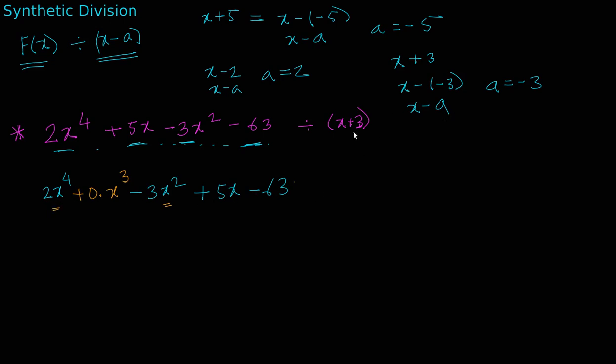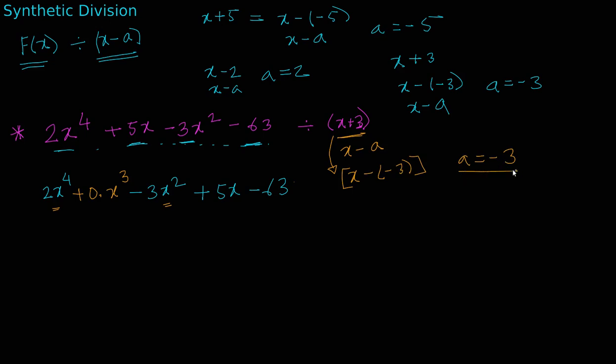So I am done with the dividend. Now let's concentrate on x plus 3. I need to express x plus 3 in x minus a type. Remember that. How am I going to write x plus 3? I'm going to write it as x minus (-3). So what is my a then? My a is -3.